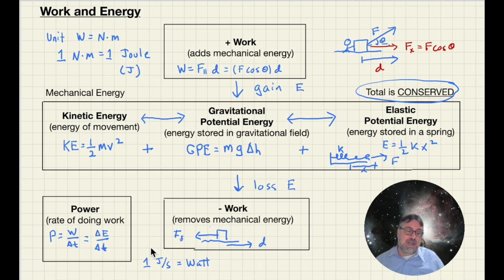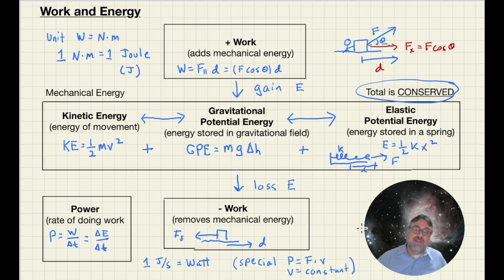Now, there is a special case of the power equation if you're moving at a constant velocity. In that case, the power equation has a special version where power equals the force times the velocity, where v is equal to a constant.